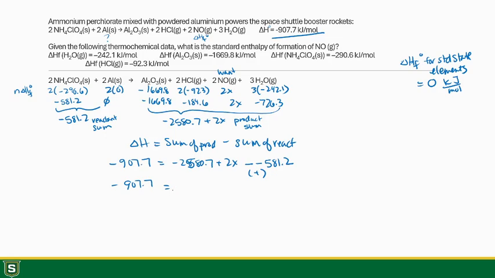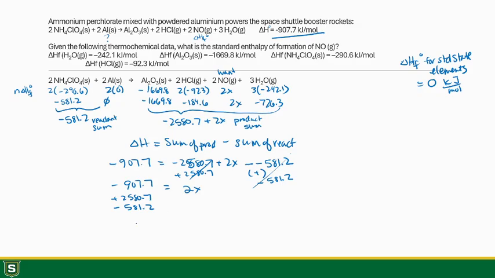so I'm just going to subtract all these from this side. So let's do plus 2580.7 and minus 581.2. So on this side, I'll leave this plus 2580.7 minus 581.2. This I will leave alone. And I get, this would be 2x.